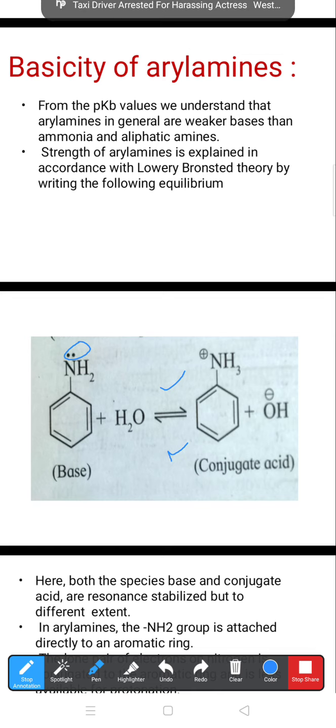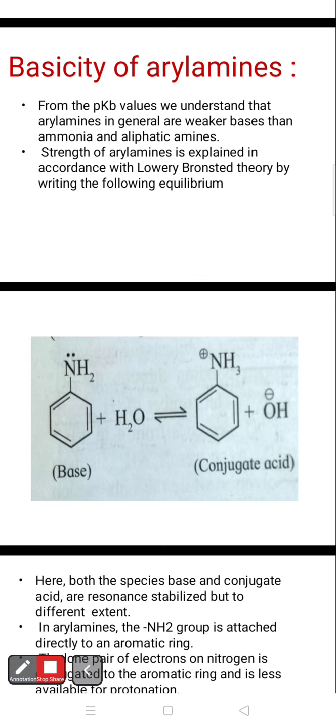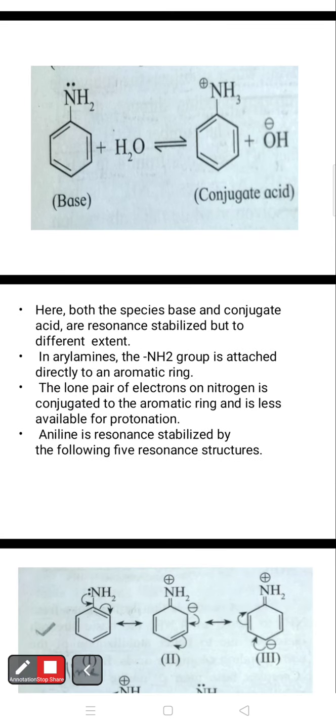So the conjugate acid of aniline we can show in this diagram with loss of OH minus ion, which you have to understand well. Here both the species, base and conjugate acid, are resonance stabilized, but to different extents. What kind of extents, we are going to learn in the next slide.